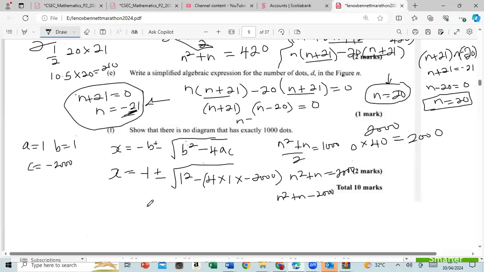It's negative 1 plus or minus 1 squared, that will be 1. And then we have 4 times 1, that is 4. 4 times negative 2000, that is minus 8000. And then we put this over 2a.